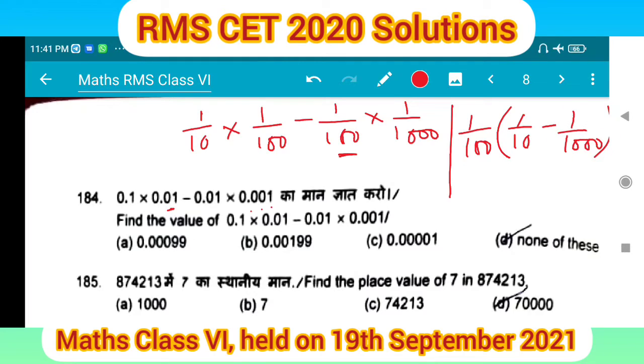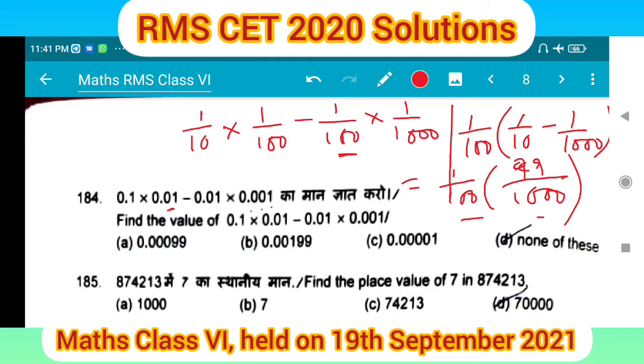Okay, so what is the value? 1 by 100 is common, and here 1000 is the LCM. So 1000 means 100 minus 1 is 99. So 99 by how many zeros? 3 and 5 zeros.